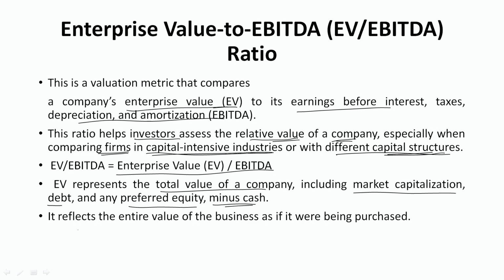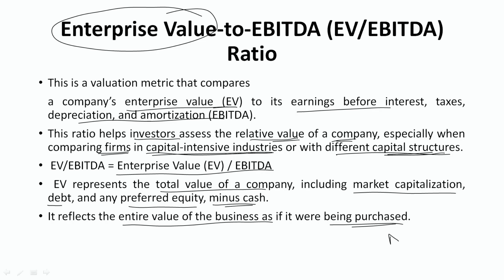Okay, and it reflects the entire value of the business which is being purchased. So normally the enterprise value to EBITDA is taken into consideration in case of either acquisition or merger or anything of that sort.